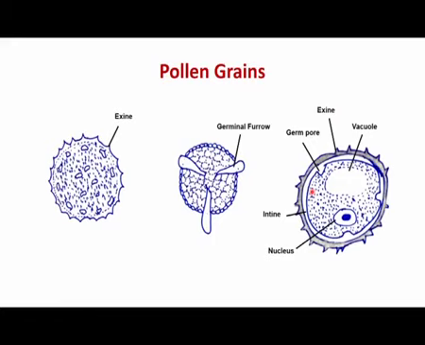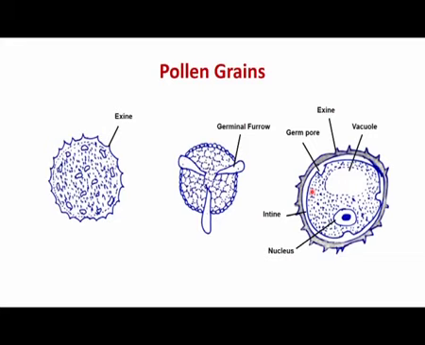Whereas in some cases, because these are organic substances and pollen grains are always dispersed in the air, they are also a very good source of allergen. So they cause allergic reactions in human beings. In that way, pollen grains have both a beneficial effect as well as a harmful effect on human beings.